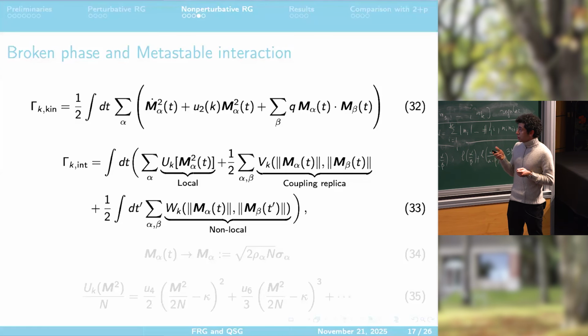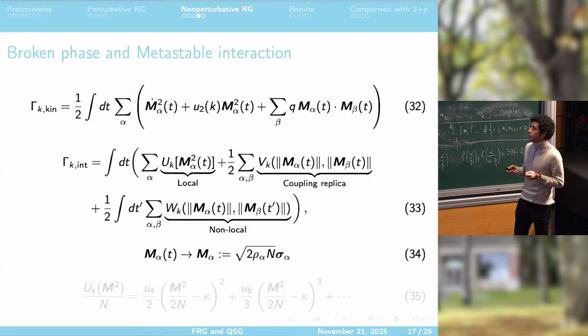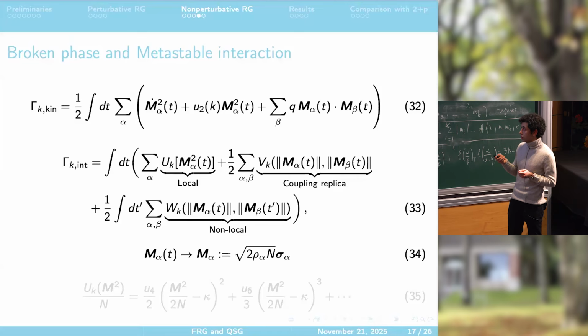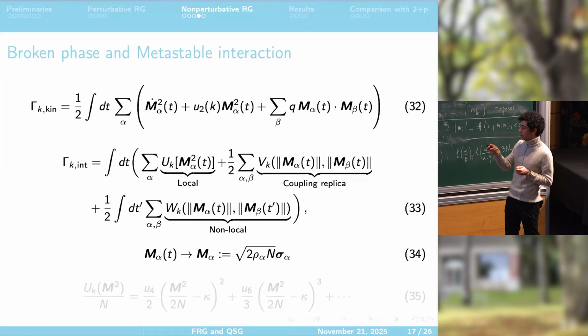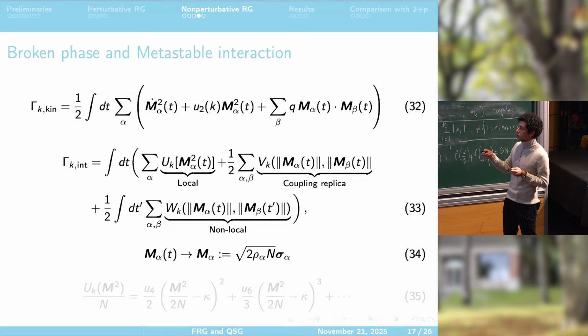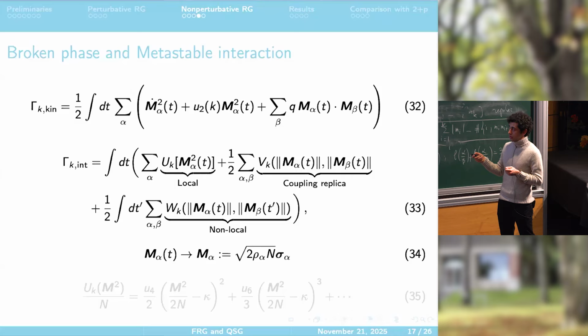We do another breaking here: we assume that our background field M alpha has this structure. We have sigma alpha, a unit vector sigma, and rho alpha, which is square root of 2 rho alpha n, is the length.